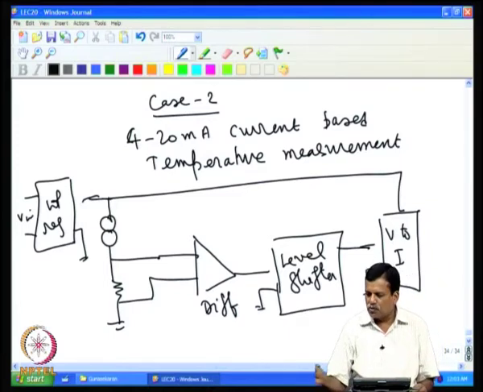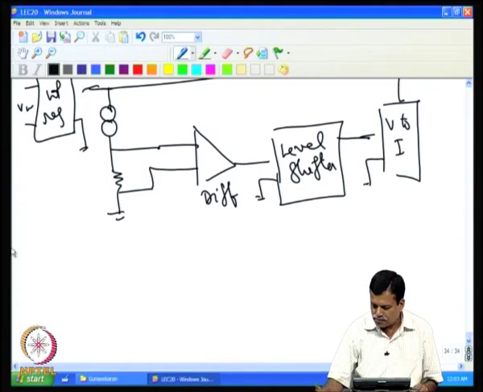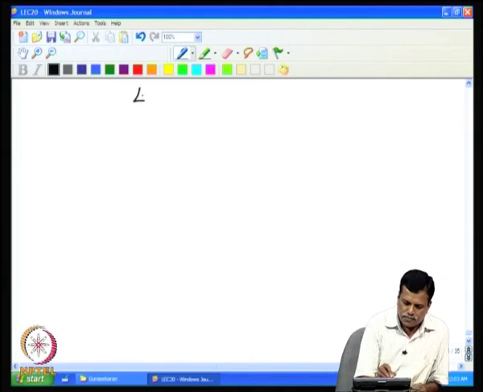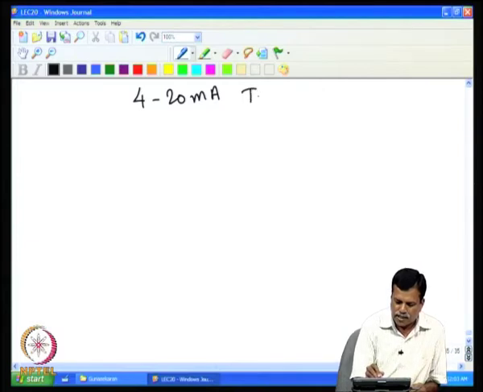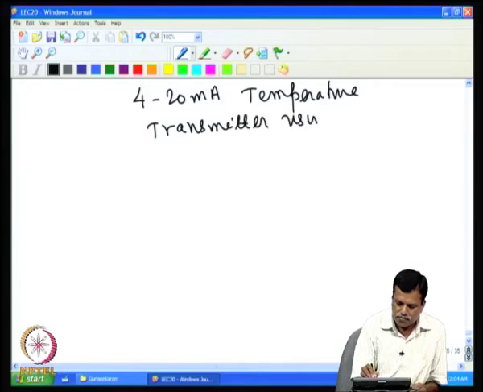So, we will see one by one how these two systems work. First we pick up the 4-20 milliampere current based temperature measurement. So, we will see a 4-20 milliampere temperature transmitter using PRT.